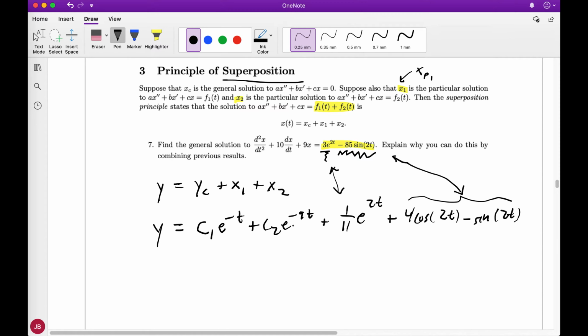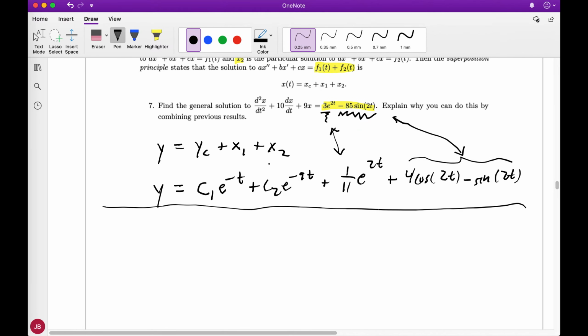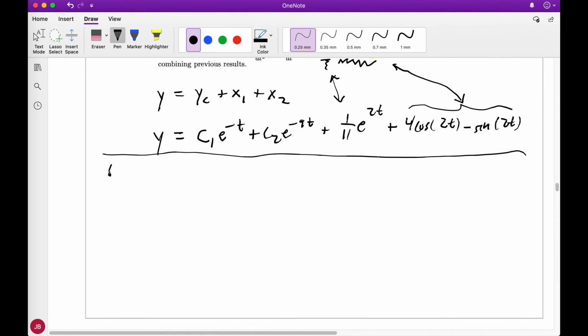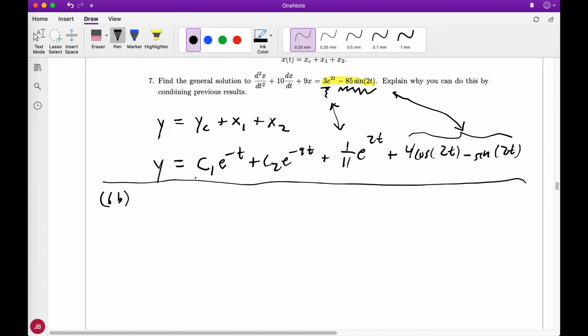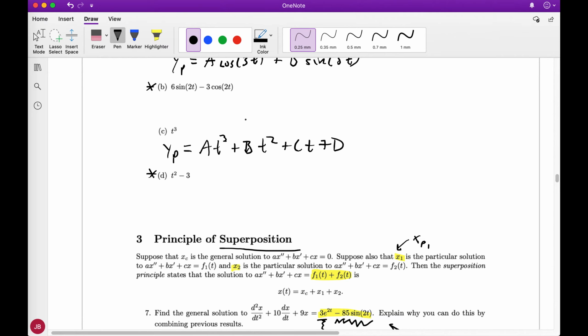So that's a nice property of linear differential equations, the superposition property. Now let's use this to help us find B and D for number 6 above. So 6b, well, let's work using the principle of superposition, and we'll learn something here.